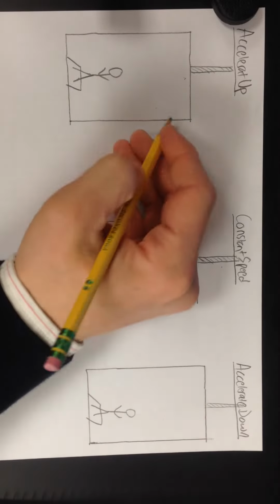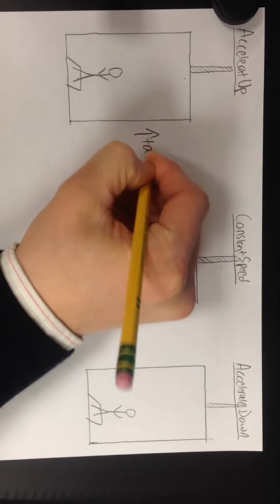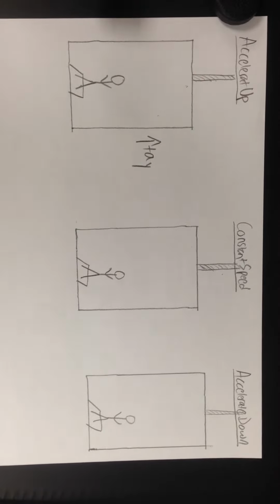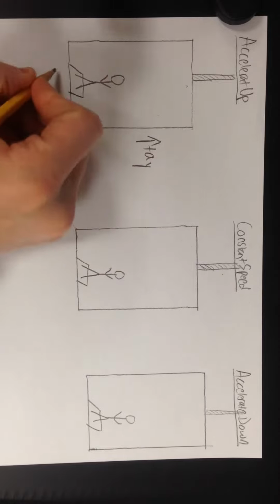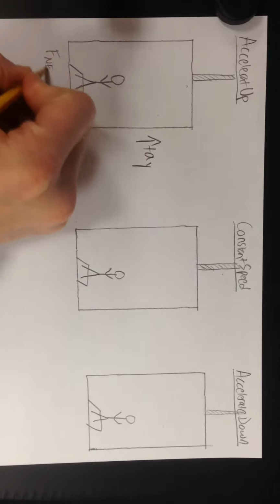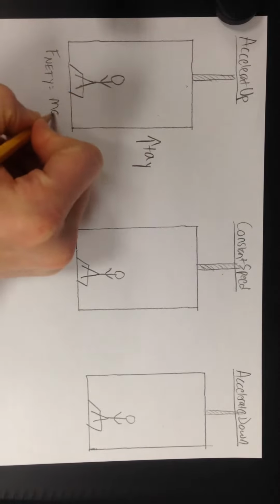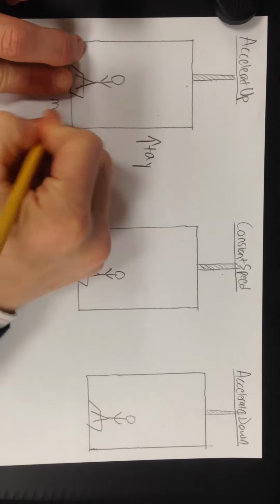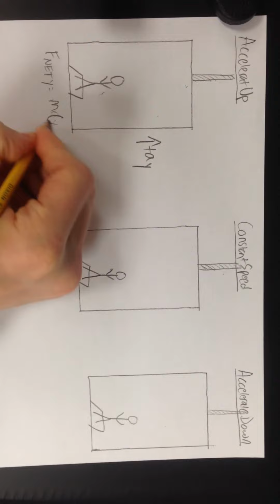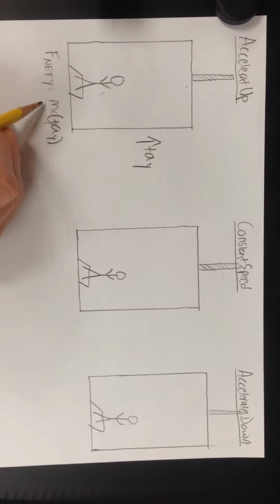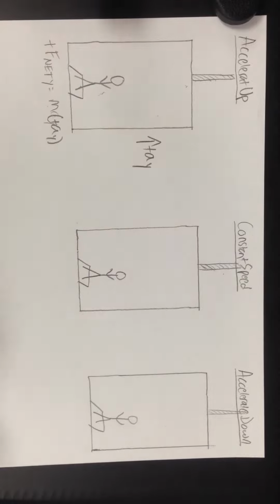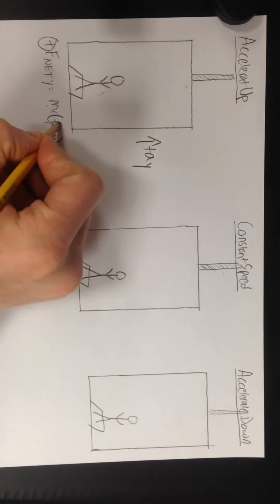Okay, so when you accelerate up, you have a positive a_y. Now, based on Newton's second law applied in the y direction, if I have an a_y that's positive, my mass is always positive, so I will end up with a positive net force also.